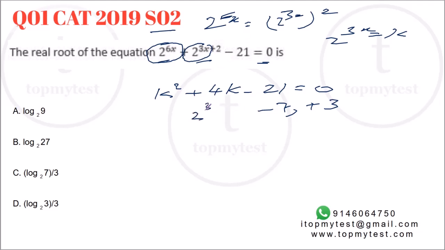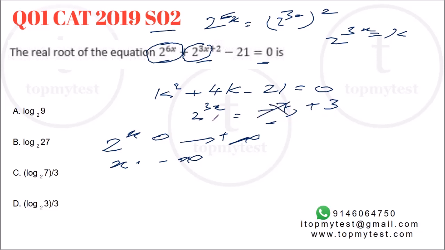So I know 2 to the power 3x is equal to these values. But can 2 to the power 3x be equal to minus 7? 2 to the power x, any power, can go up till positive infinity, and can reach 0 if x is equal to minus infinity. So it can never turn negative, so this part is out.